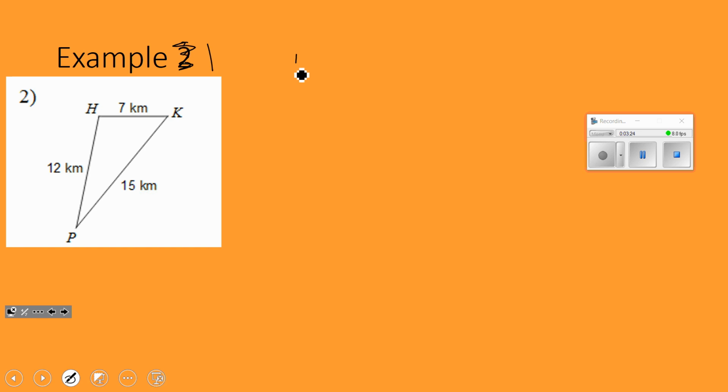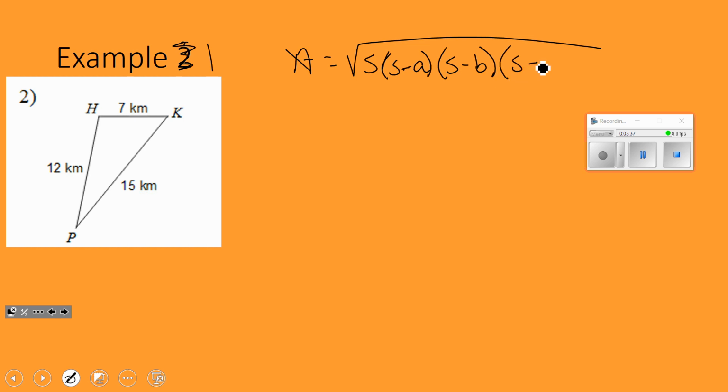So we know area is going to be the square root of S times S minus A times S minus B times S minus C, okay? But the issue, do we know what A, B, and C are? Yeah, what are A, B, and C? Yeah, and in this case, like they named it P, H, and K, no big deal. A, B, and C just means those are your 3 sides, okay?